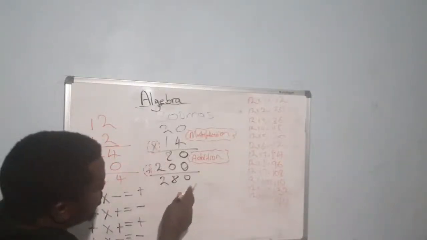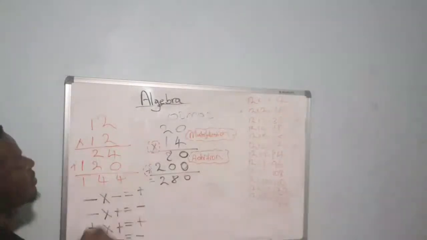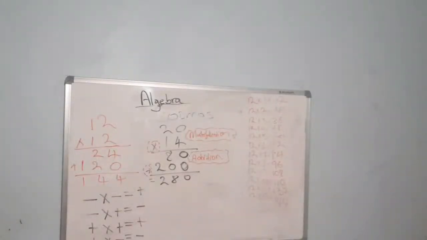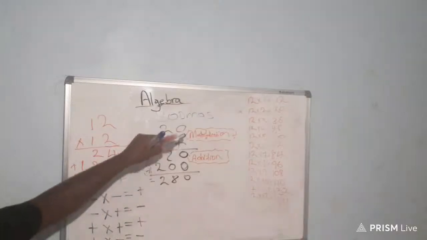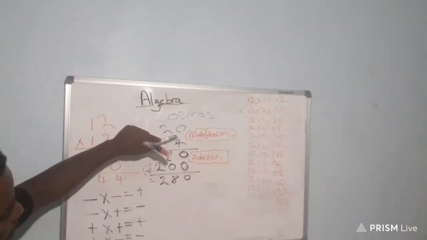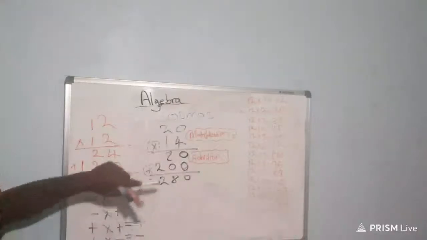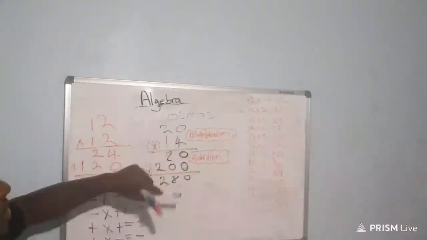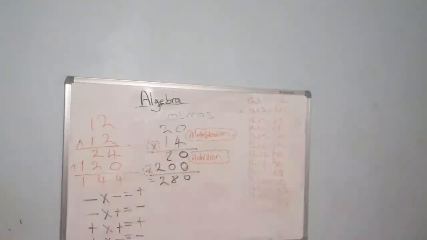Alright, so it's 280. Alright? Please remember, after you've completed your process of multiplication, then the second stage in that process is addition. It's the same as when you're dividing.